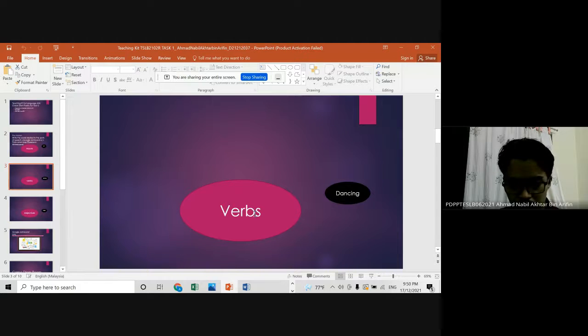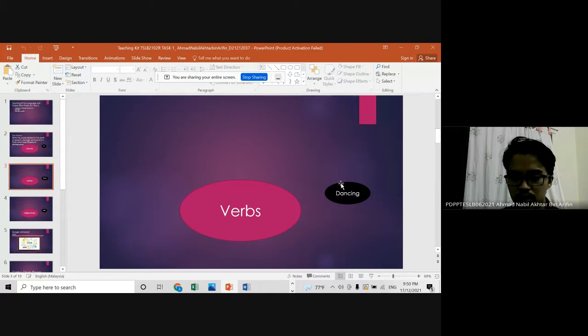And also the verbs. The verbs are also parts of speech needed to create the Carpe Diem poetry. But be mindful, the verbs here must be in the ing form.